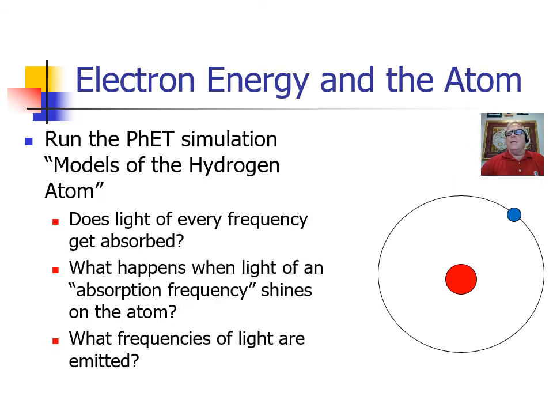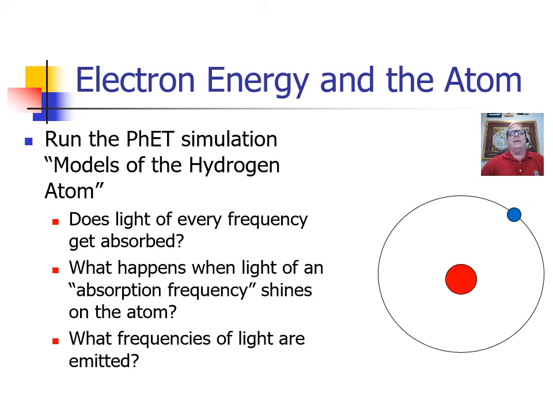To get an idea of what's going on here when the light is emitted or absorbed by atoms, why don't you run the PhET simulation, the models of the hydrogen atom. When you're doing that, set it to show you what happens in the Bohr model. And then in this simulation, different frequencies of light will pass by the atom.